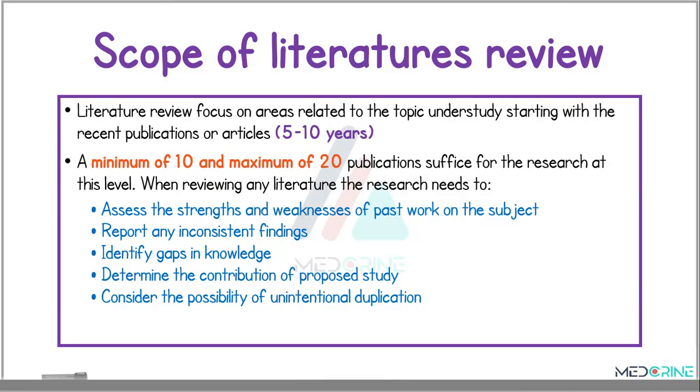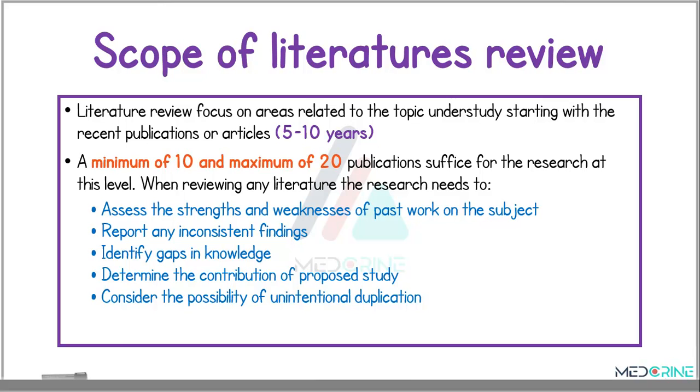Looking at the scope, the literature review focuses on areas related to the topic under study, starting with recent publications or articles which are between 5 to 10 years old. A minimum of 10 and a maximum of 20 publications suffice for the research at this level.